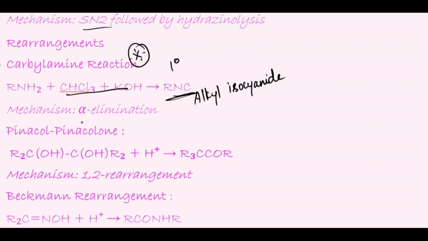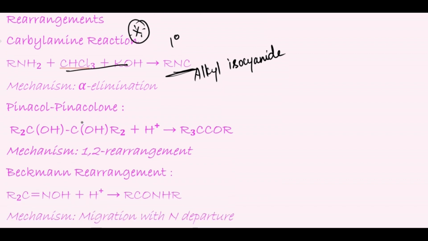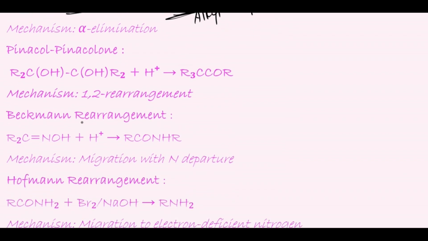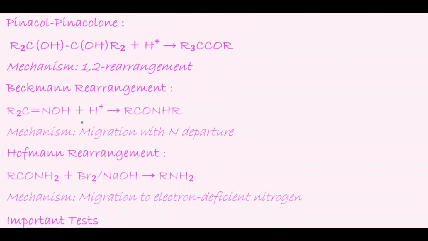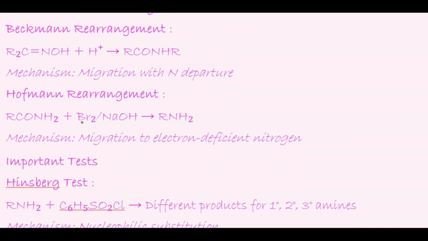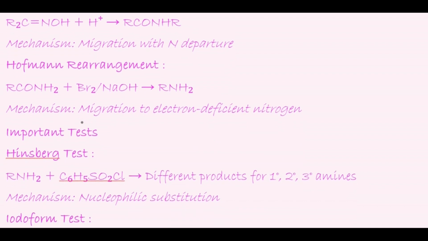Okay, NC, not Cl. The pinacol-pinacolone reaction is not much important from the JEE Main perspective, but in JEE Advanced it can be asked. It is forming a carbonyl compound from alcohol. Beckmann rearrangement, these rearrangements you can omit for JEE Main, but Hofmann rearrangement is super important.